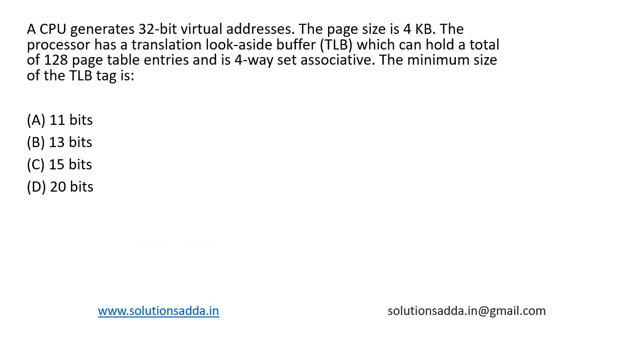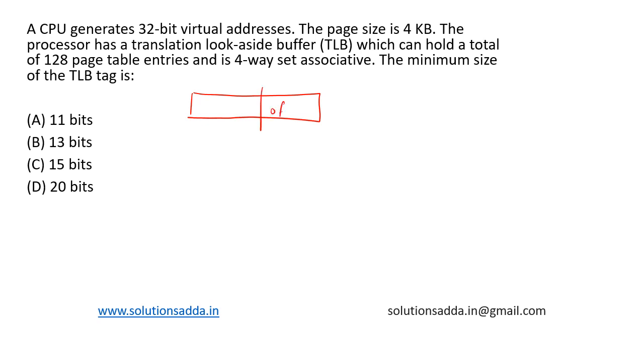This is a question from operating system. A CPU generates 32-bit virtual address. The page size is 4 kilobyte. The processor has a translation lookaside buffer which can hold a total of 128 page table entries and is 4-way set associative. The minimum size of the TLB tag is. So the 32-bit virtual address can be divided into two parts.